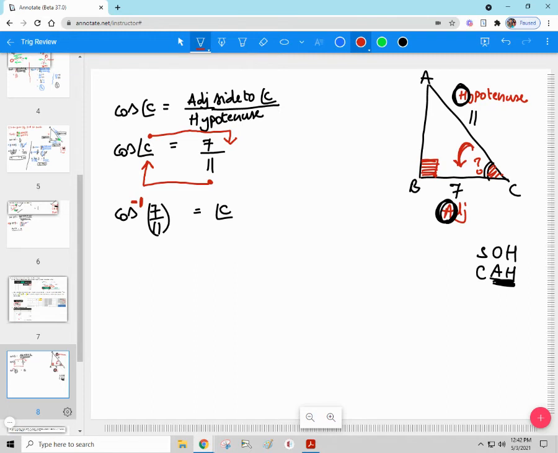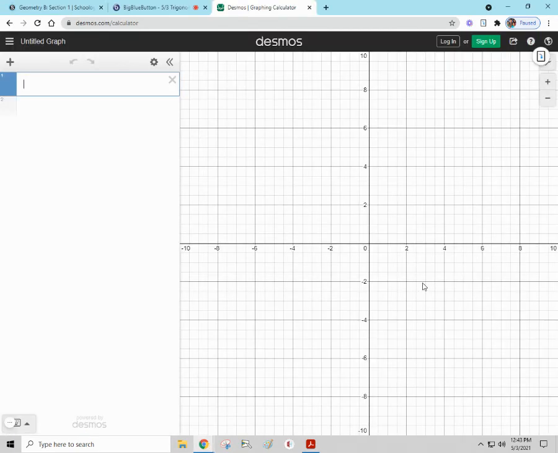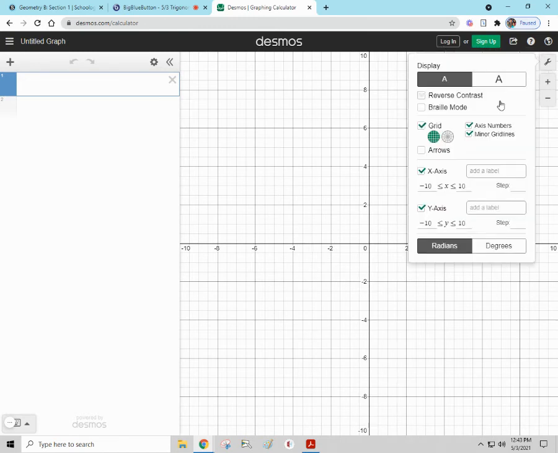Now, take the TI-84 calculator, you have to type second cos. This is one way, or else I'll take you to Desmos, which is an online calculator. If you are using the Desmos calculator, the first thing is go to settings. By default, it is set to radians. You can see that, and you have to switch to degrees.